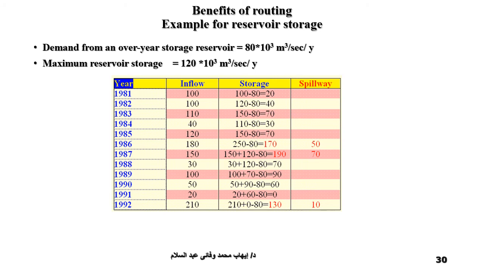Look, inflow, we reduce 80. For the first year, the storage equals 20. For year 1982, 120 minus 80 equals 40, and so on. There is a value for spillway. More than 120 is charged to spillway. Maximum reservoir storage. Okay.